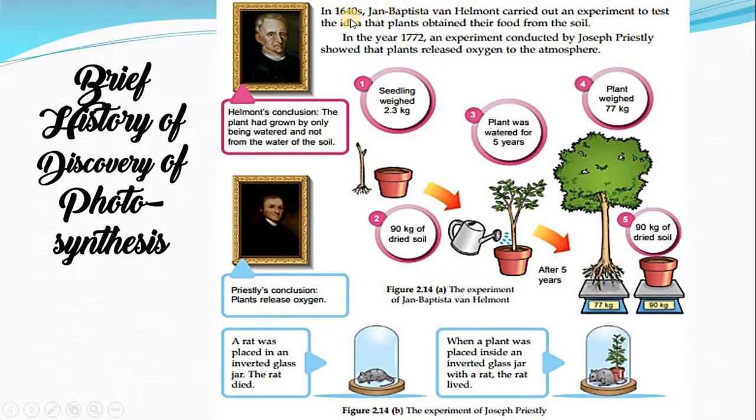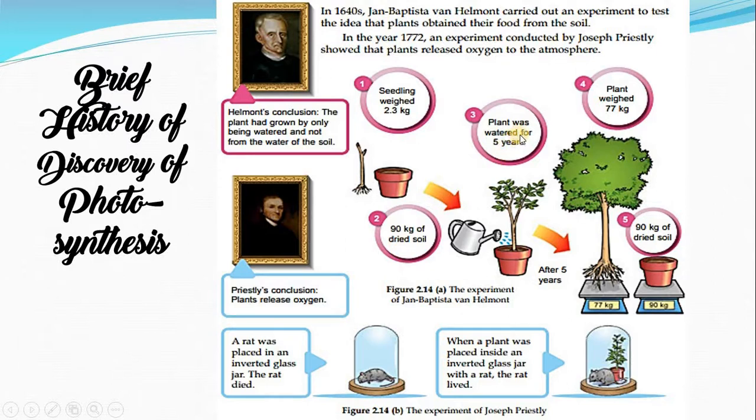In the 1640s, John Baptista van Helmont carried out an experiment to test the idea that plants obtain their food from the soil. So what did he do? First, he weighed the seedling. The seedling weighed 2.3 kg, and then he put it in 90 kg of dried soil.